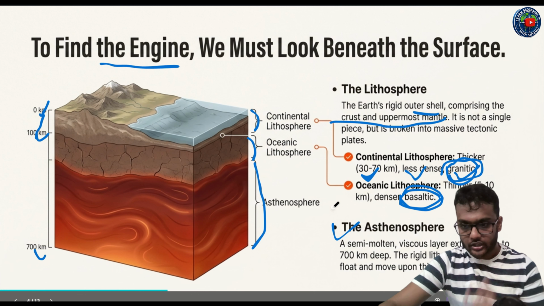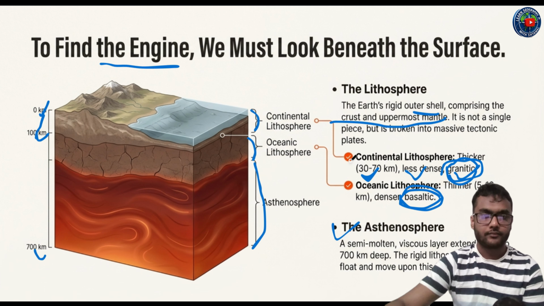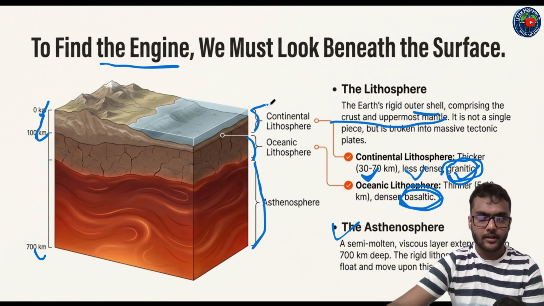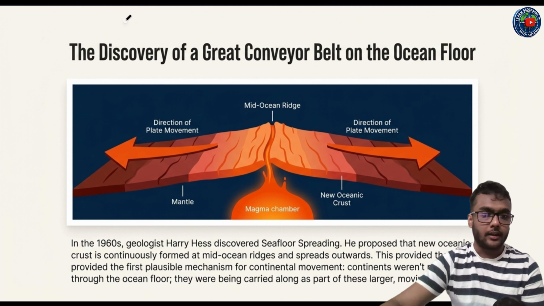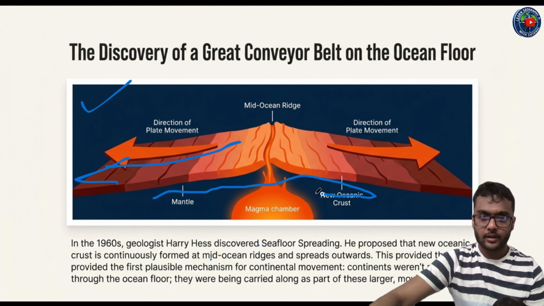The rigid lithospheric plates float and move upon this fluid-like layer. This is the lithosphere, these two portions, and this is the asthenosphere. Now in this picture we can see two plates, upon the mantle, and this is a magma chamber in the asthenosphere.